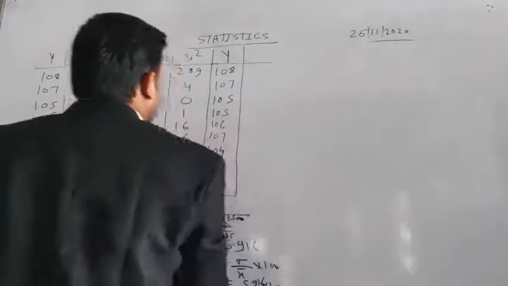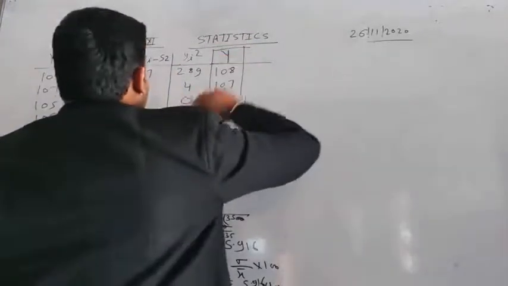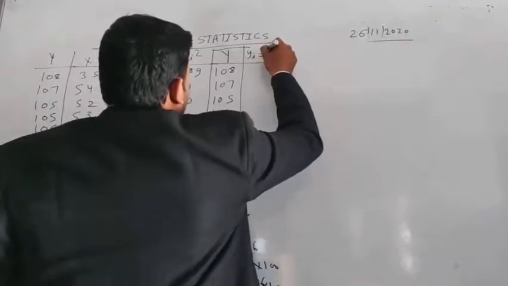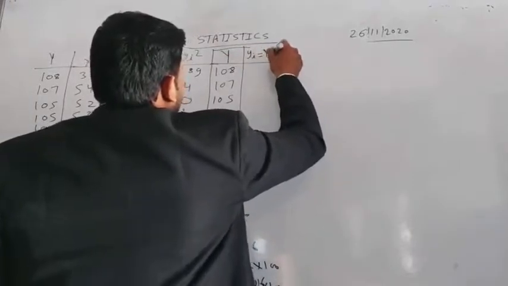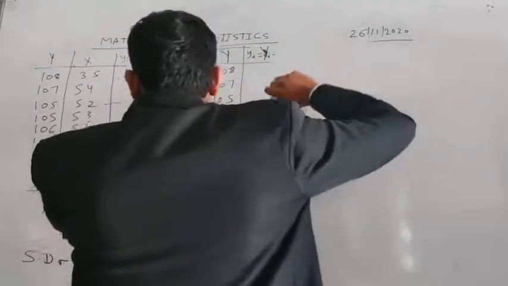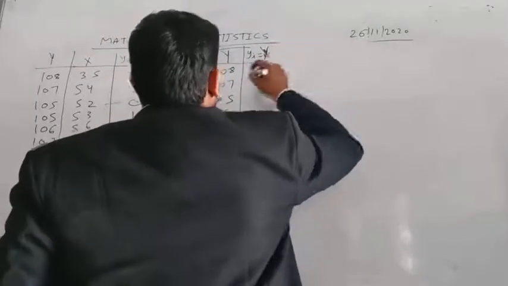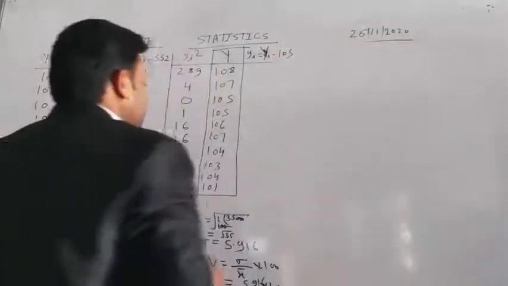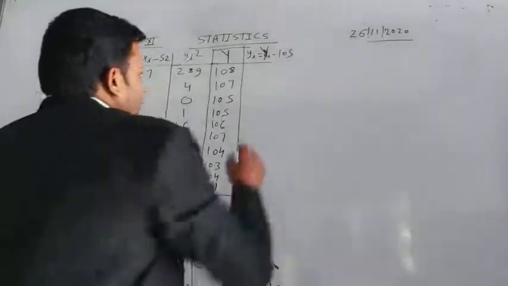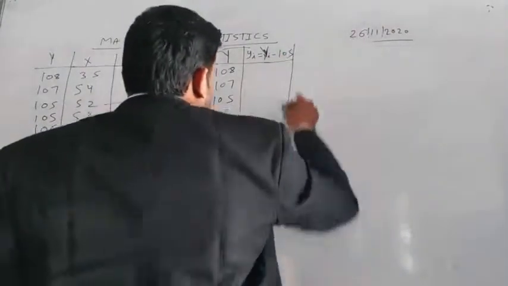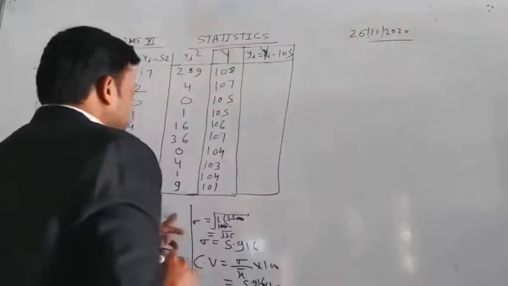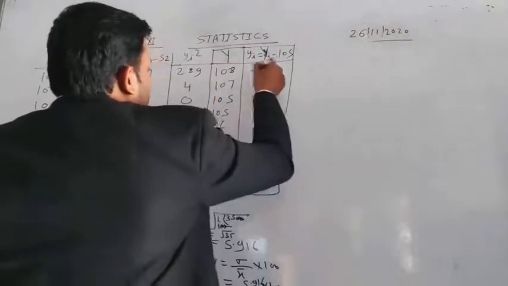Now we will find yi, which is yi minus 105, where we suppose that the assumed mean A is 105. So subtracting this, what we get is minus 3.